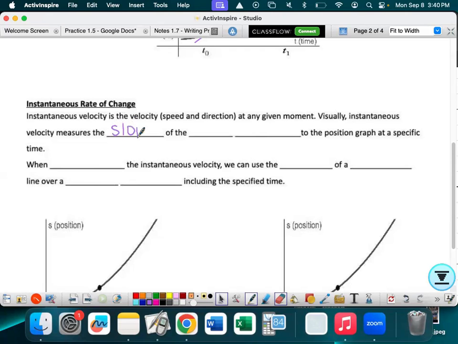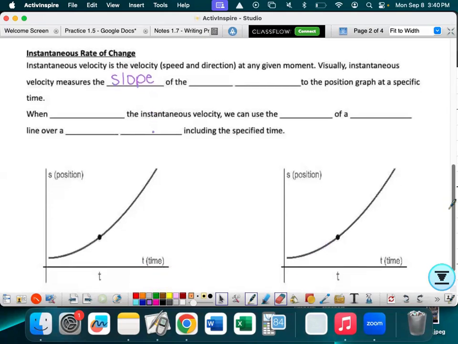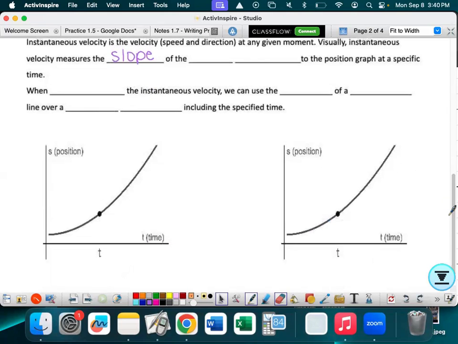Does anyone know what the line at a single point is called? I'll draw one the best that I can. It should be a line that just barely skims the point that you are interested in on your position graph. So I would just barely touch the graph, and then I'm not touching the graph anymore there. It's not the best tangent line.